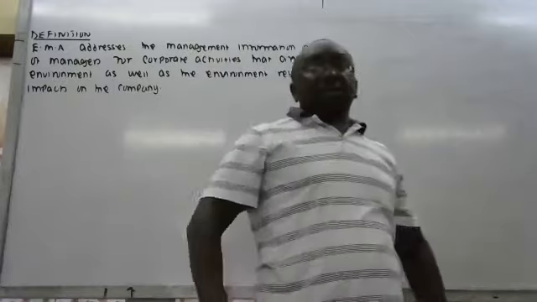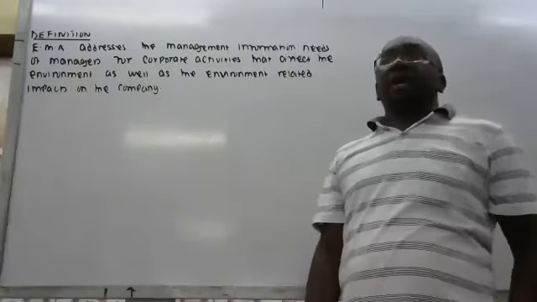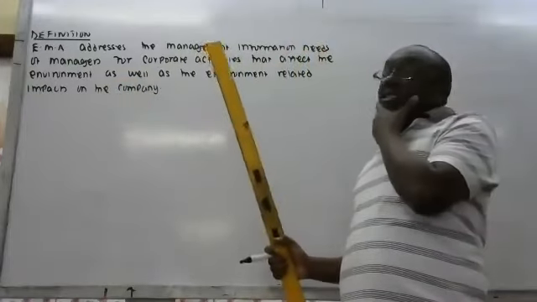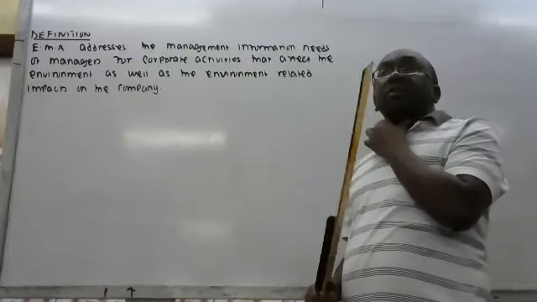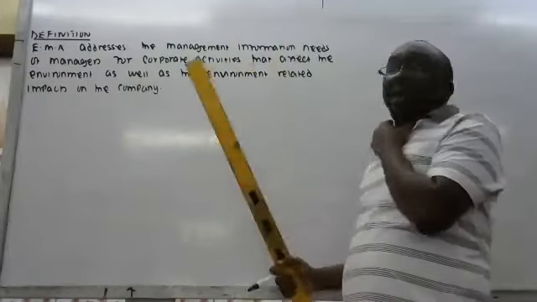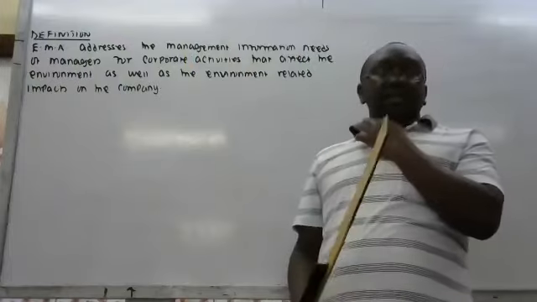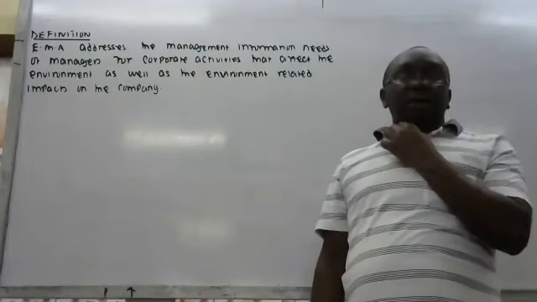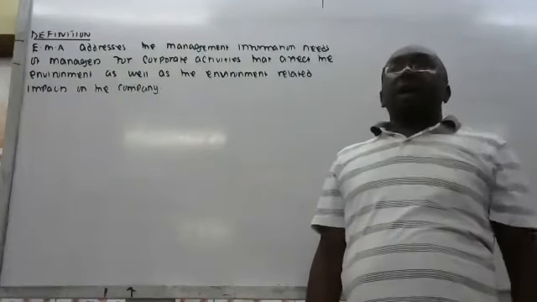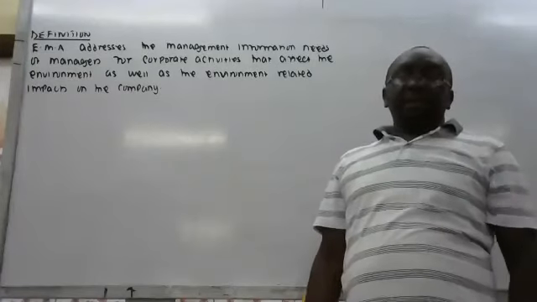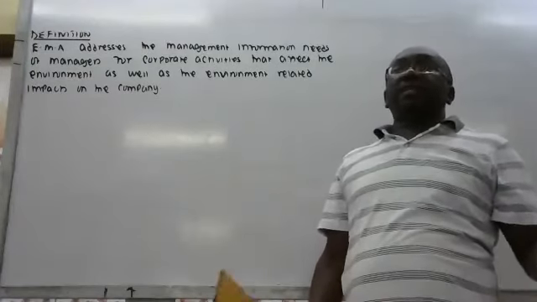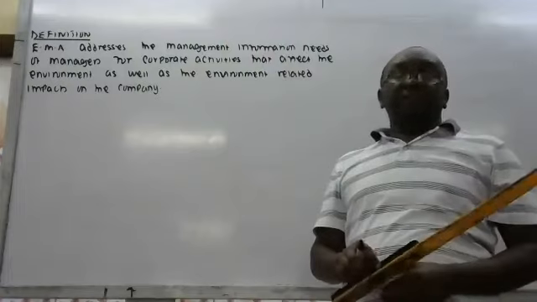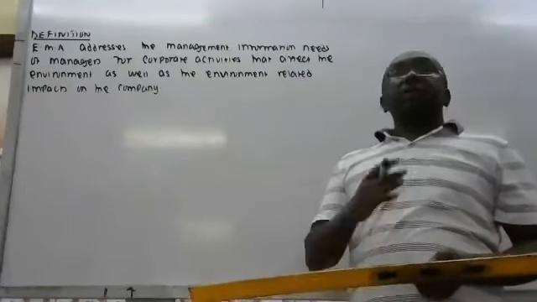That's one of the ways of defining environmental management accounting. It is about getting the information that the managers require so that they can judge the impact of their actions on the environment. Like when I was telling you, when you print a paper, how does that impact the environment? When you use your car, when your factory is emitting smokes and effluents, how do they impact the environment?